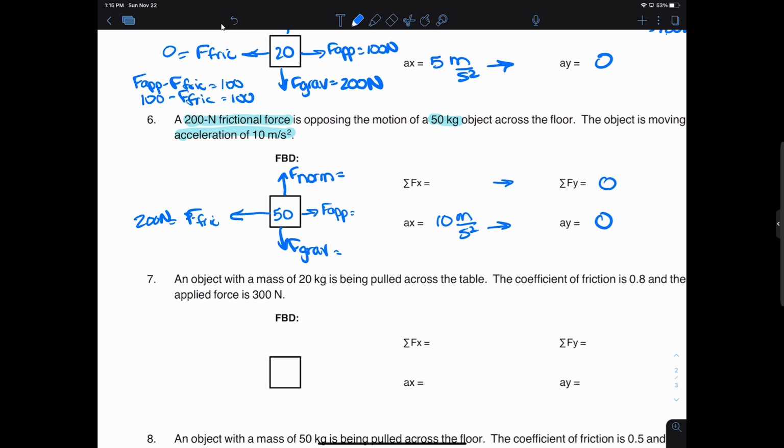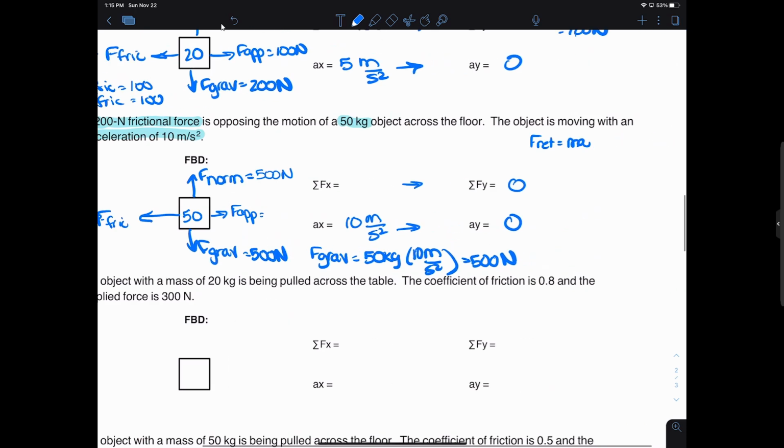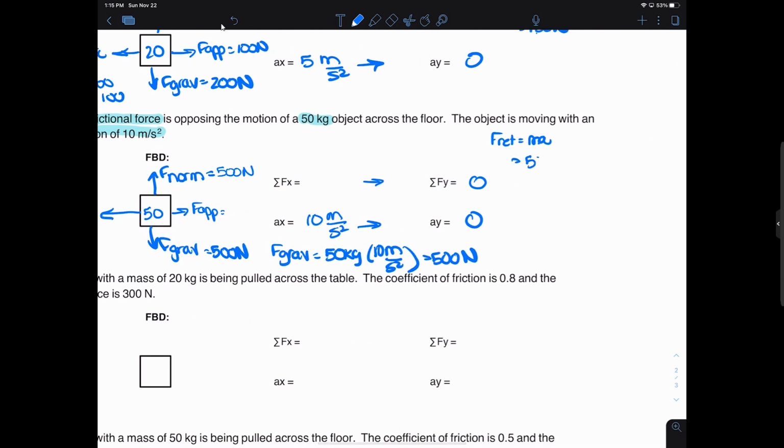So we have a 50 kilogram object, so the force of gravity is equal to 50 kilograms times 10 meters per second squared, which equals 500 newtons. And it's balanced in the y direction, so that's also 500 newtons. So then we have F net equals m times a. So we've got 50 kilograms times 10 meters per second squared.